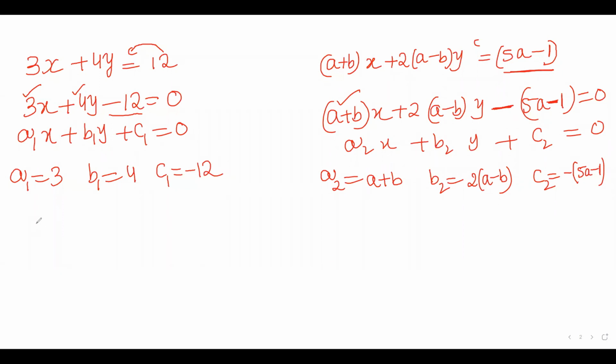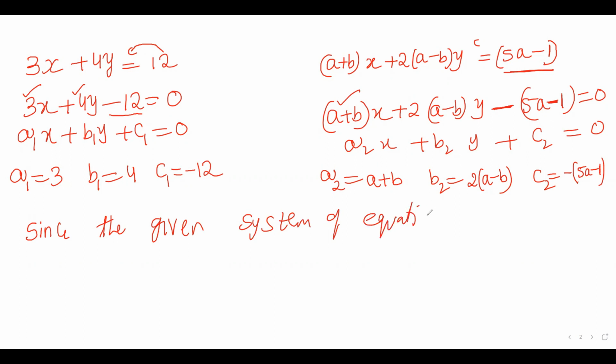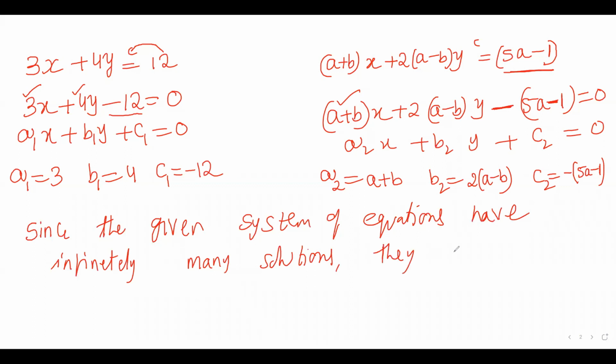Now, since the given system of equations have infinitely many solutions, they are coincident lines.